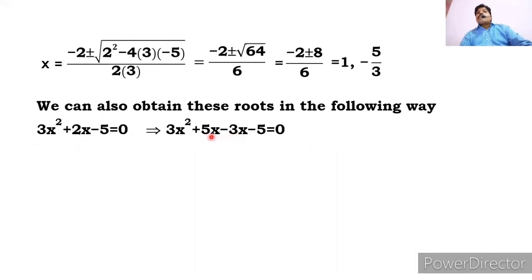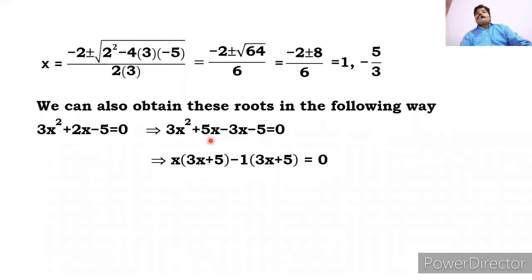Why? Because 5x into minus 3x is nothing but minus 15x square, and the product of 3x square into minus 5 is also minus 15x square. So that's why I split 2x in the form of 5x minus 3x.